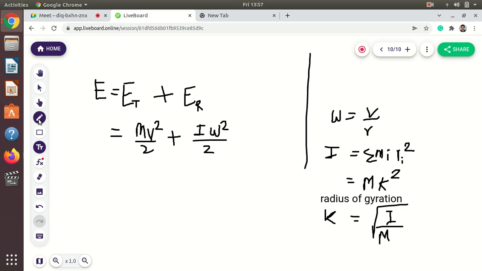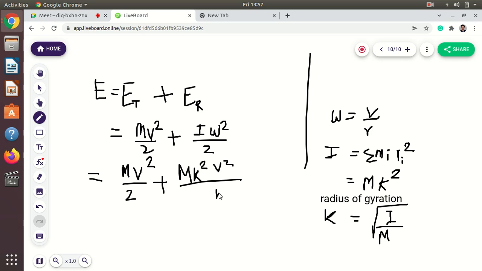Oh, sorry. This is equal to M v square by 2, where M is the total mass and v is the velocity, plus, instead of I, I will write M K square. In place of omega, I will write v square upon R square, because omega is v upon R, its square will be v square upon R square. So I will write R square below, and this 2 as it is.